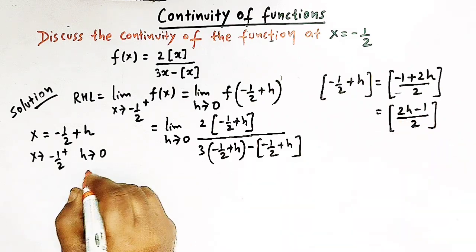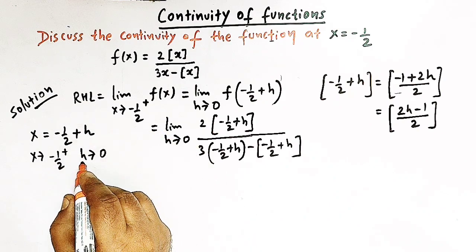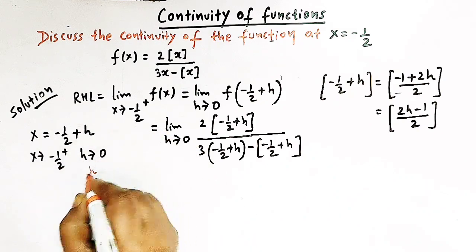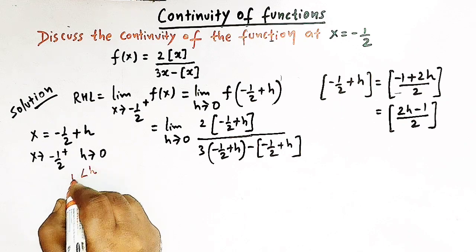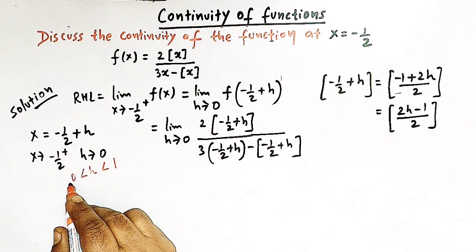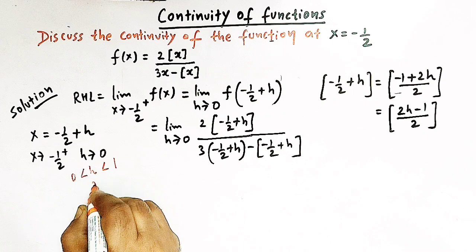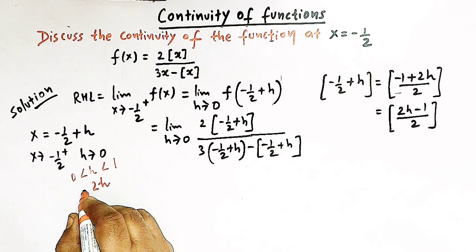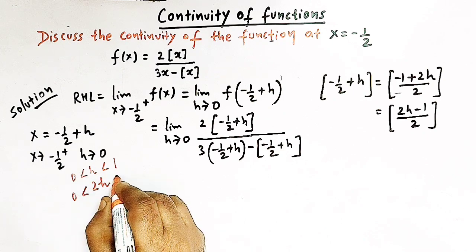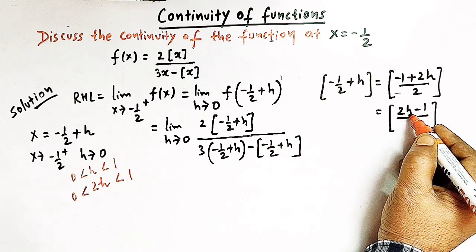And here we know that this quantity h is a positive quantity, and this h lies between 0 and 1. So when h lies between 0 and 1 and h is infinitesimally very small, then the value of 2 times h should also lie between 0 and 1, because here we have 2h, right?